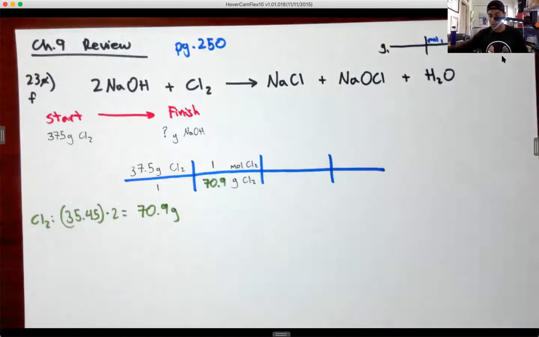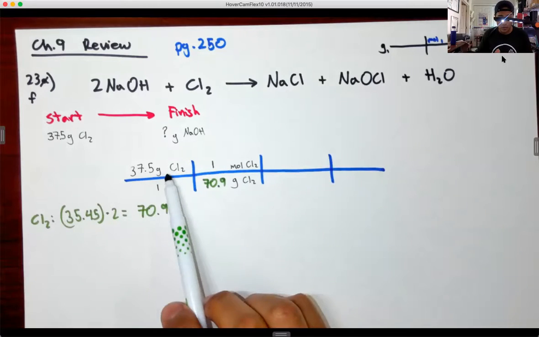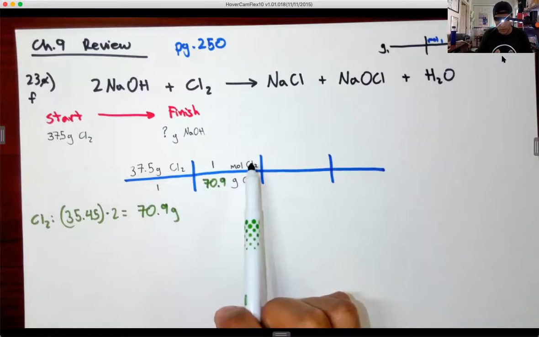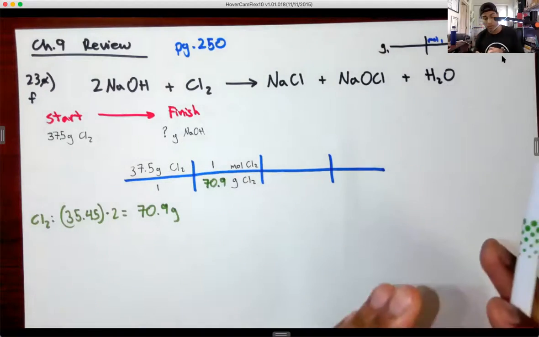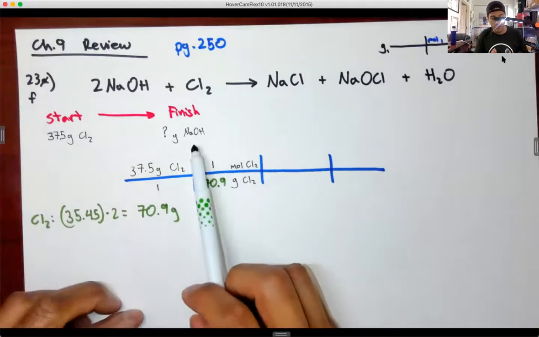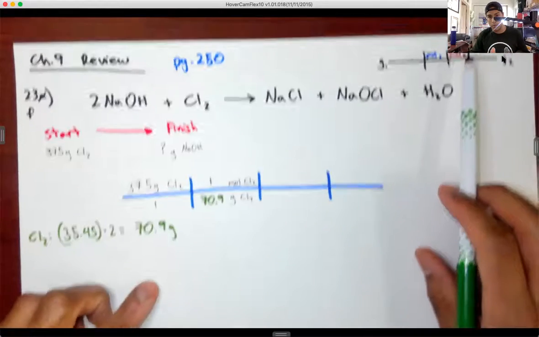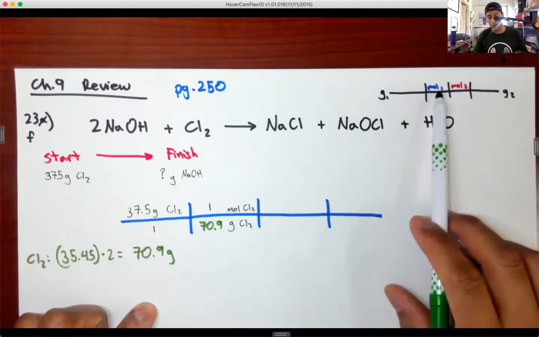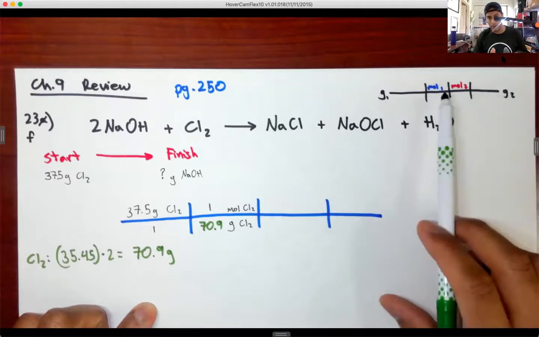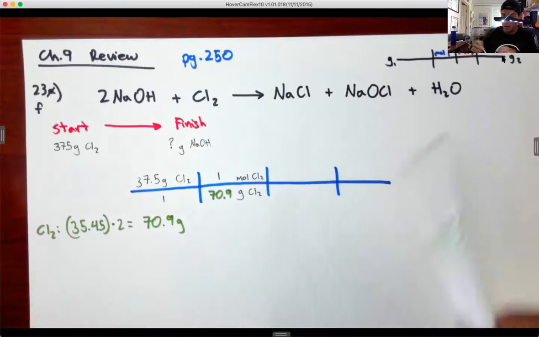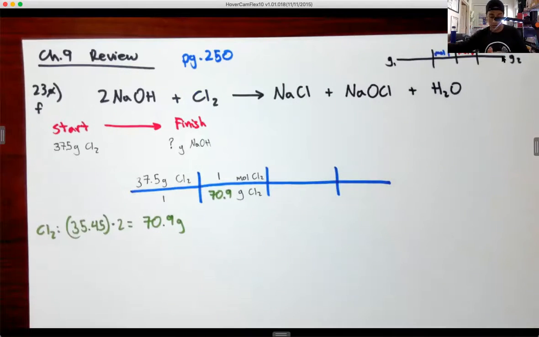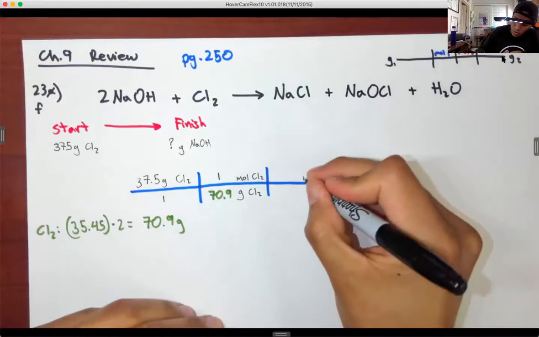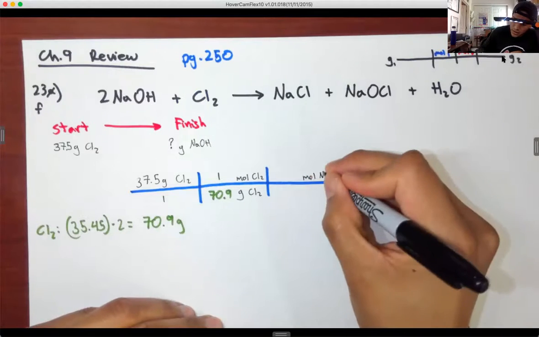Good. Next step. What's the next step? We went from grams of CO2 to moles of CO2. Now we want to make that jump into moles of NaOH, right? Remember, before we can go from grams to grams, we need to go from grams to moles to grams, okay? So moles of 2, which is the next one right here. We want to go to moles of NaOH.